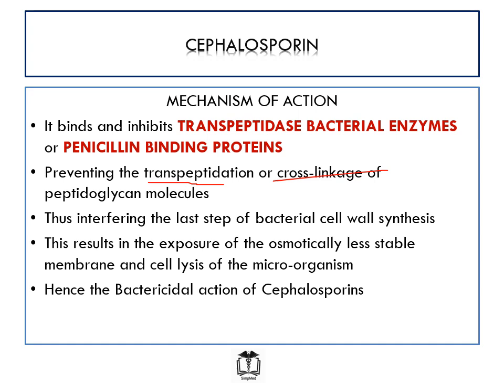If the last step does not occur, the cell wall becomes very fragile and osmotically less stable. This can allow for vulnerability of the cell wall and eventually cell lysis of the microorganism. And this is why cephalosporins tend to be classified as bactericidal agents, because of their ability to cause cell lysis in the microbe.